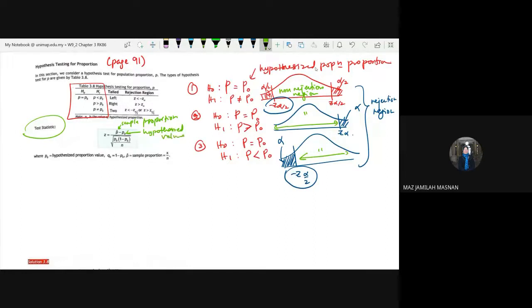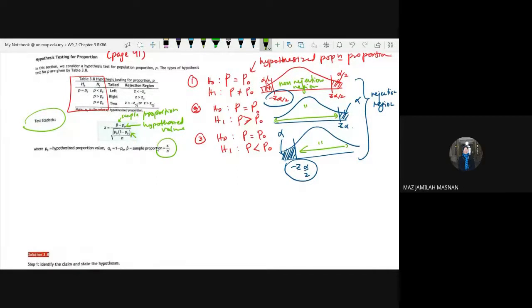These are all using your hypothesized value, so don't mistakenly take this as p hat. That is wrong. It should be referring to your p naught, your hypothesized value. And how do I get my p hat? Of course, from this particular formula, x divided by n, as we have discussed before.